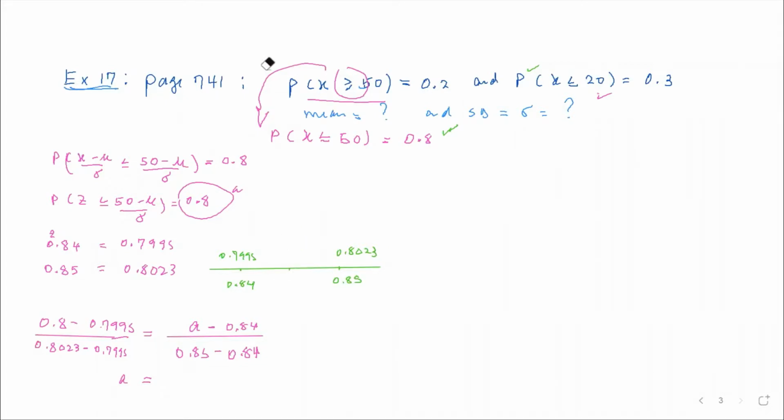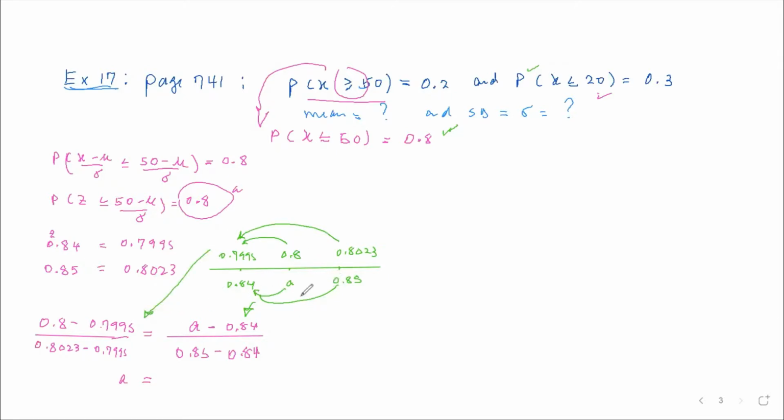A should be below, because this is a z-score. And 0.8 is between these numbers. So this one can be minus this, right? So you can see the ratio: A minus this one, over this one minus this one. And the left-hand side, you get this one minus this one, the ratio, right? Over this one minus this one.